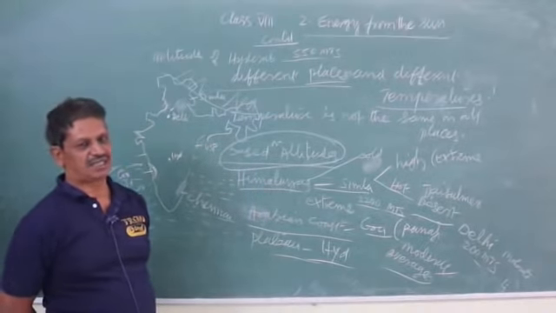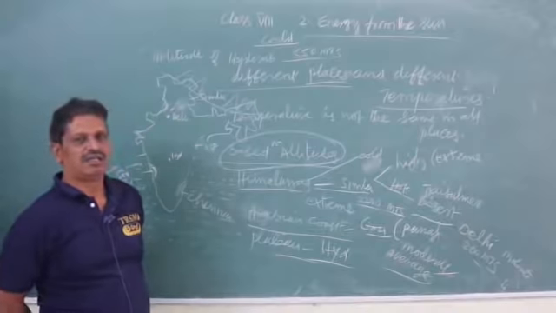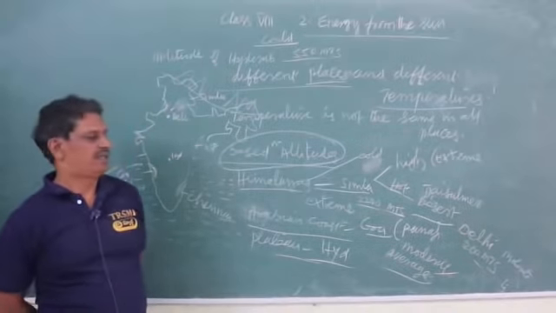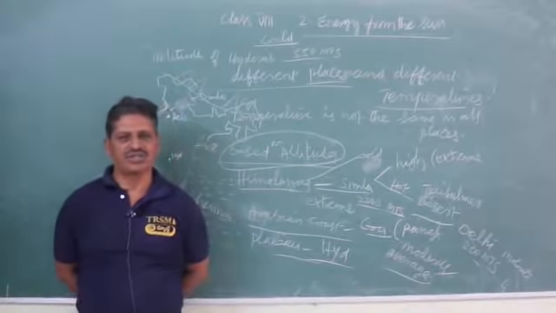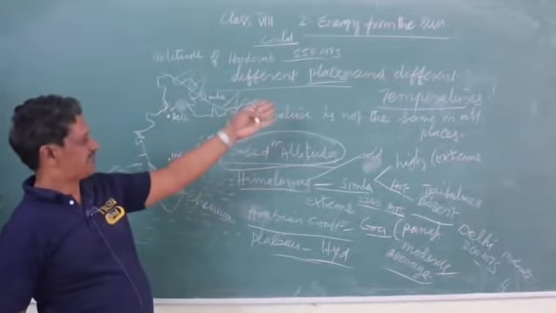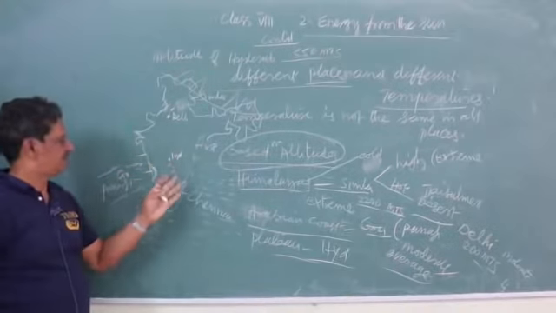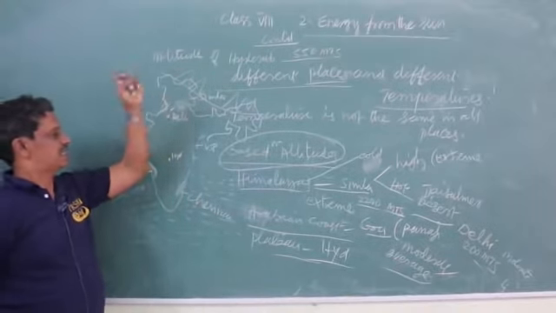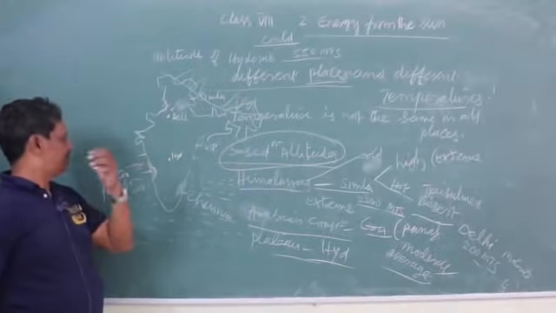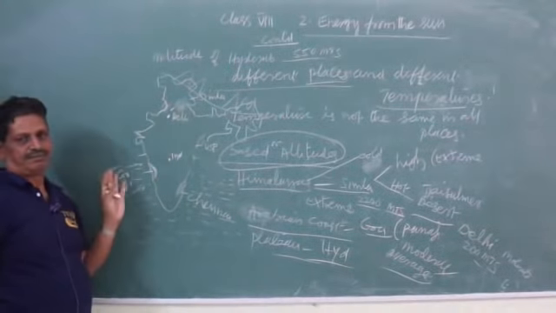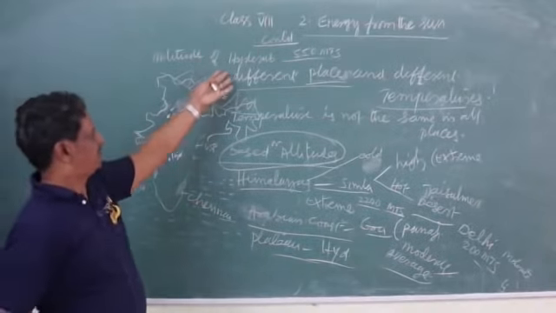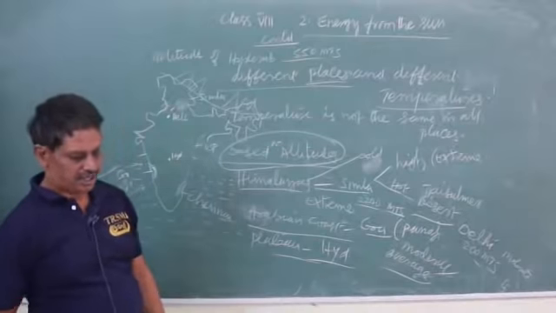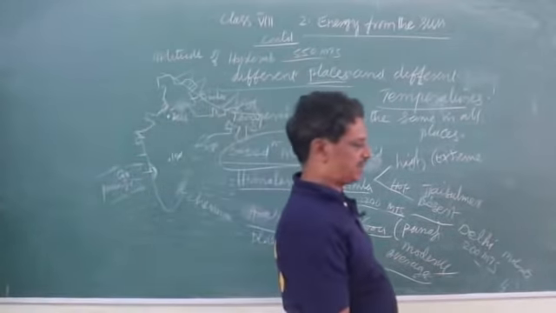There are many hill stations, so naturally they record low temperatures. Have you understood the different places? Here are the different places, 1, 2, 3, 4, 5, 6, located in different areas. Here I have given Hyderabad also. Children, based on this you have to understand.